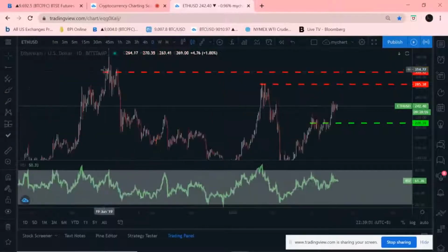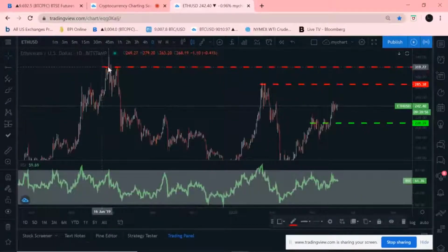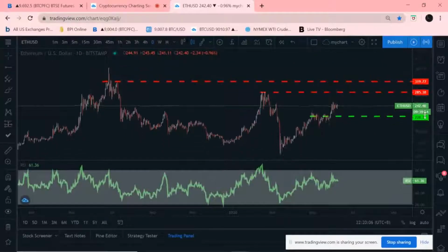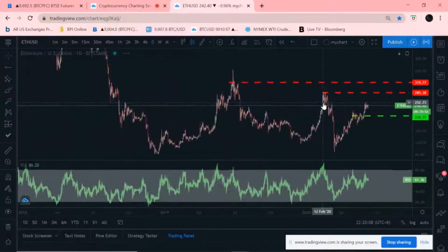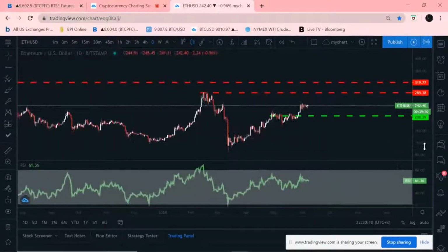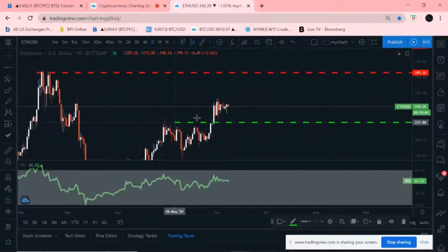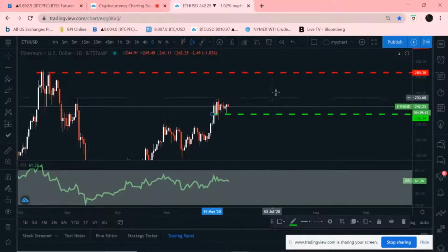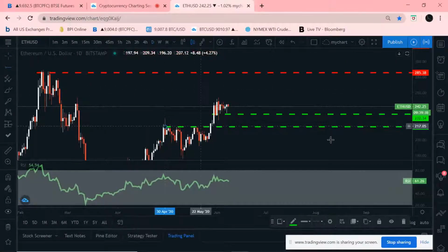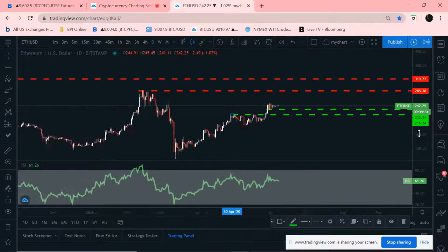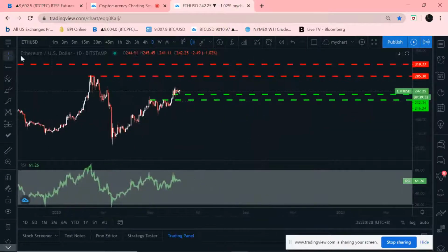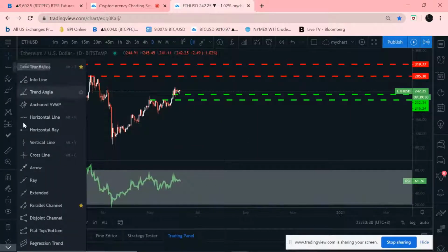And of course, if it breaks that area, around $319. Our support we're looking at is this one first, within this area around 232, and next possible support at 216 area.